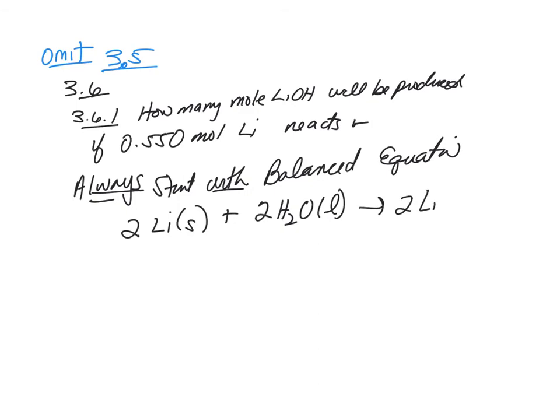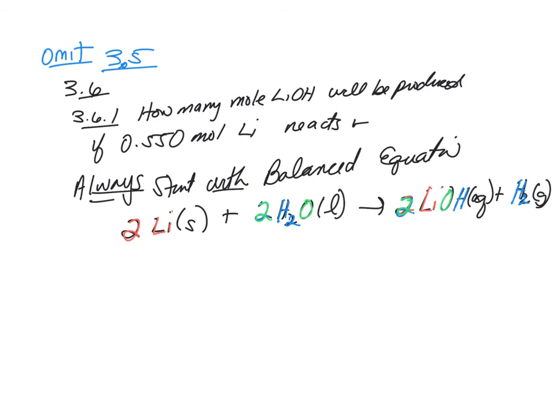Okay, so they give you the balanced equation here. And so let's make sure we have 2 lithiums, and we have 2 lithiums on the product side. We have 4 hydrogens, 2 plus 2, so we have 4 hydrogens. And then we have 2 oxygens, and we have 2 oxygens.